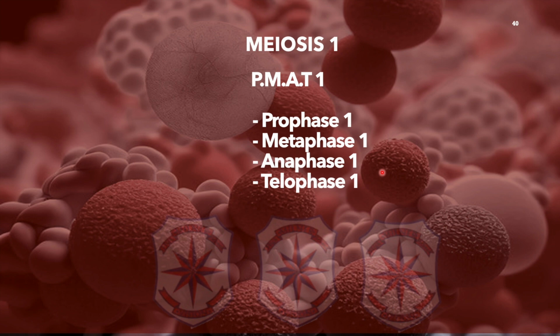The cell divides twice. Now, we need to attach a 1 after every phase of meiosis 1. Why do we need to attach a 1 after every phase of meiosis? Because meiosis has two divisions. Okay? If you just write prophase, metaphase, anaphase, telophase, when you are referring to the phases of meiosis, you will be discredited.